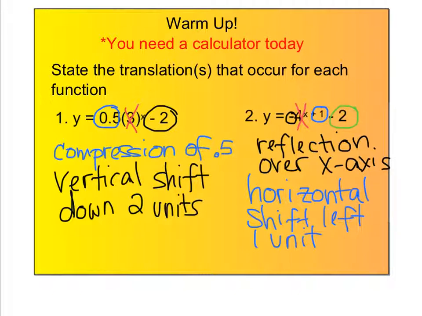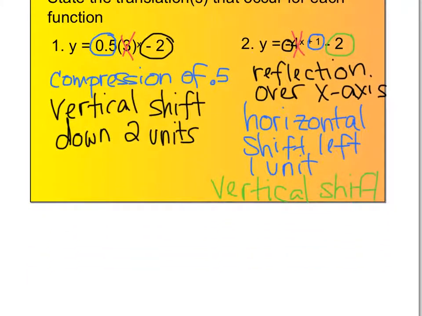Well, that -2 is the same as in number 1. That's the vertical shift down 2 units. And there were your 2 answers to the warm-up today. Make sure you've graded it and fixed what you needed to and marked correct what was done right.